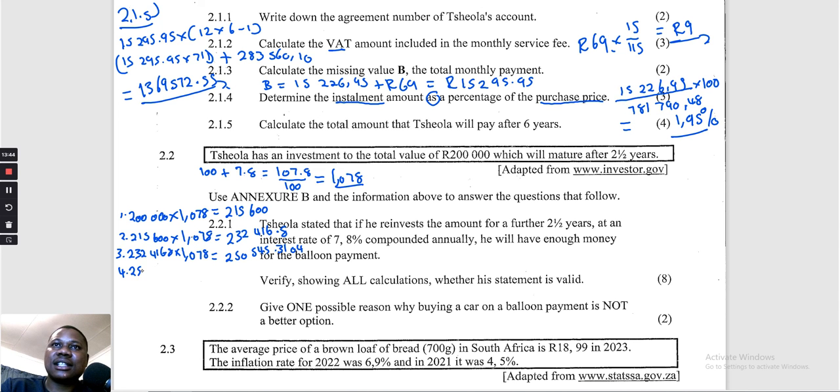So it's going to be 250,545.3104 multiplied by 1,078, which equals 270,087.8446.